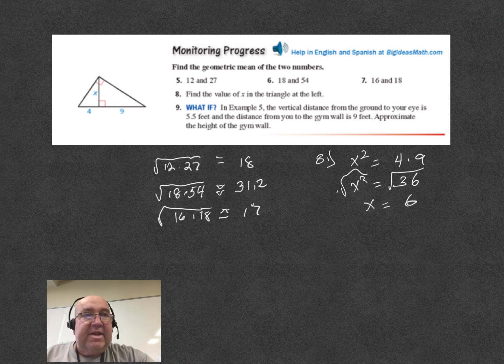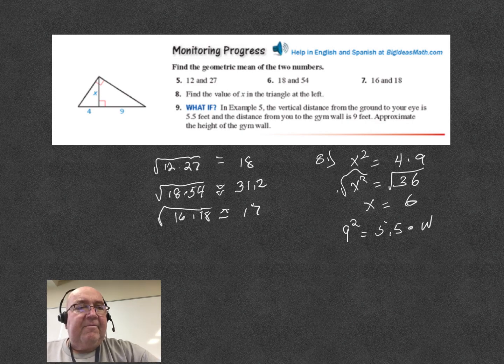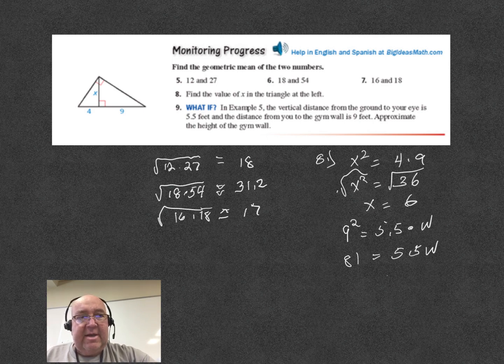And finally, if we take that problem we had with the gym wall and make our geometric mean 9 and our height from the bottom 5.5 and do the same thing, we'll have 9 squared is equal to 5.5 times W, and we get 81 is equal to 5.5 W. Divide by 5.5 and we get W is equal to 14.7.